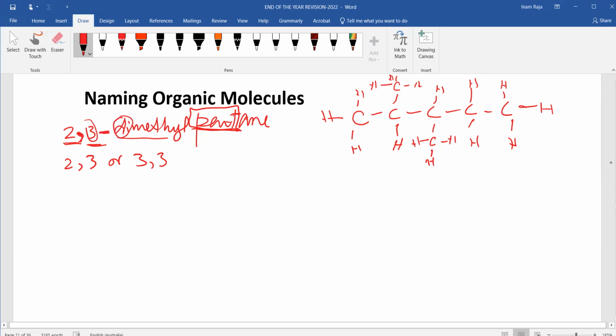Now let's do some questions. If you have CH3, CH double bond CH, and then CH2, CH, CH3, let's say, and CH3. Now start numbering from the side where the double bond is closer, not where the branch is closer.